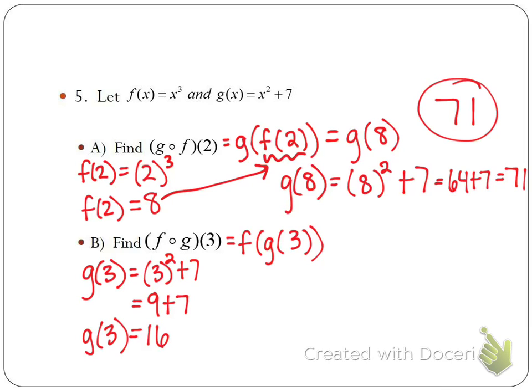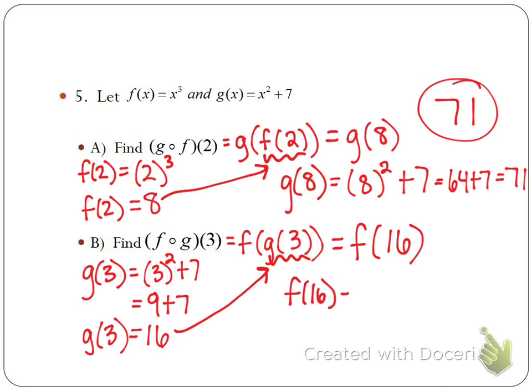So now instead of writing this g of 3 here, I'm going to replace it with the 16. So this becomes f of 16. Are you getting used to this pattern? Okay, so now we need to rewrite which function? The f function.